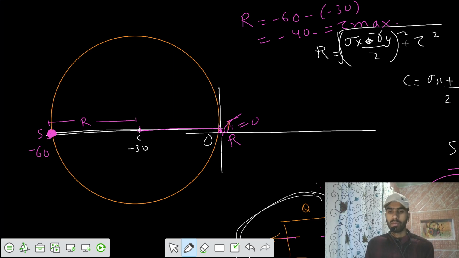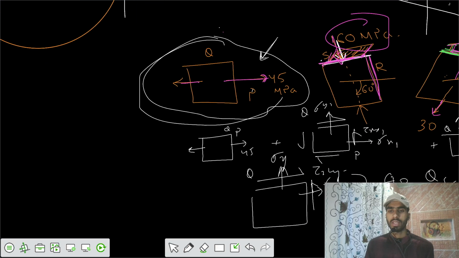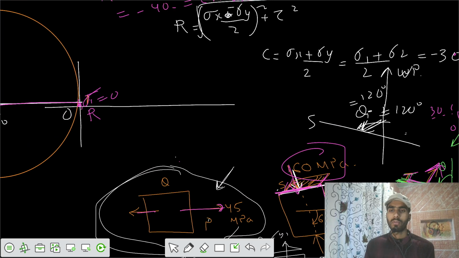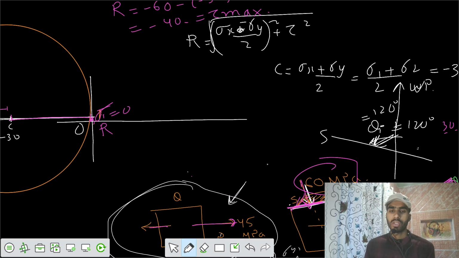Yeah, the theta we know is provided here. We know that theta with respect to vertical was equal to 120 degrees. That means from the vertical, you go anti-clockwise 120 degrees, and you will receive some plane S on which the minor principal stress of minus 60 megapascal is acting.